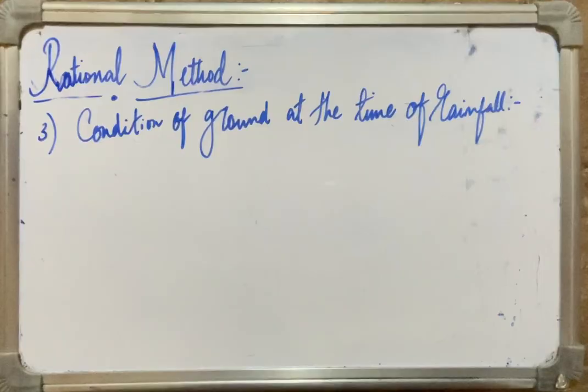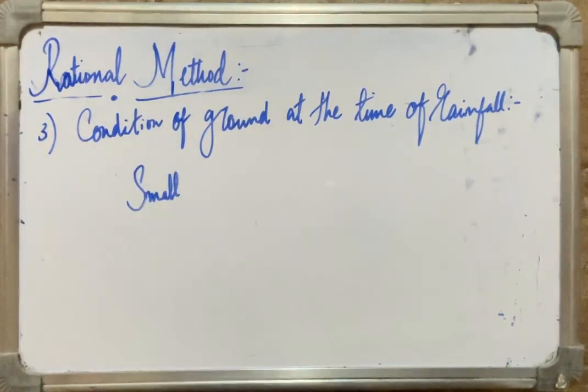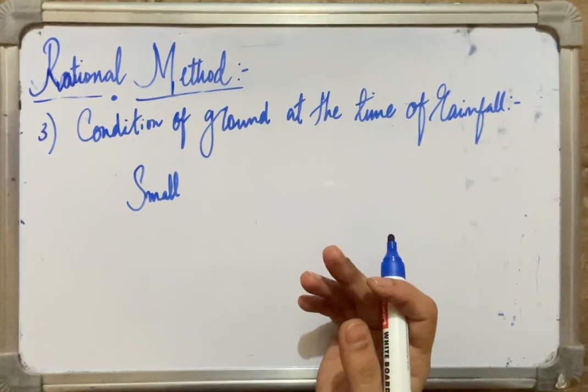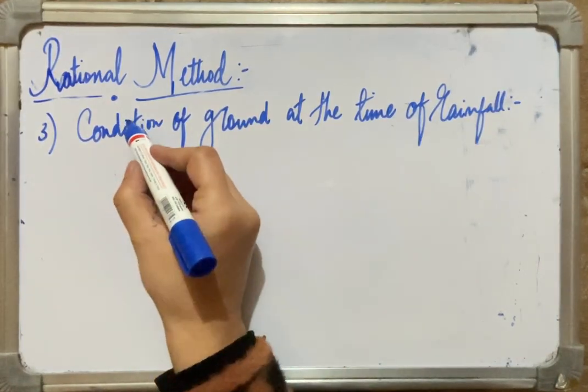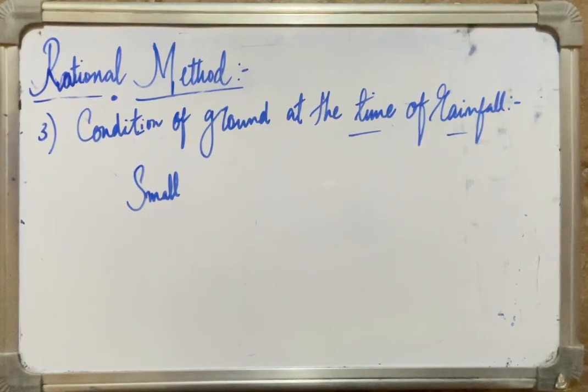If the ground is dry at the time of rainfall, it will absorb more water and the coefficient of runoff will be small. And for the ground which is wet at the time of rainfall, reverse will be the case. That means the runoff will be more.